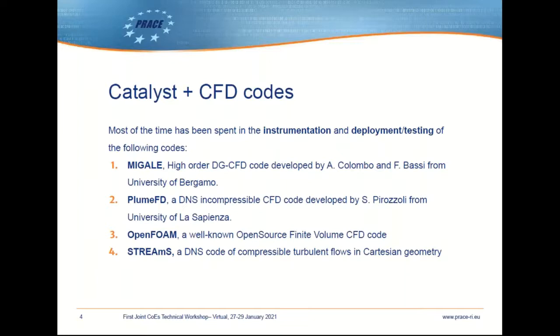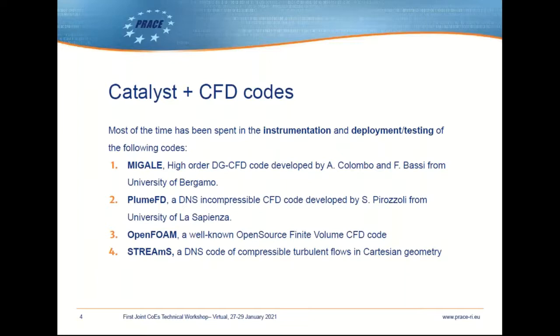Then we adapted the PlumeFD code, which is a DNS incompressible code developed by Pirozzoli from University of La Sapienza. Third is OpenFOAM, which is a well-known open source finite volume CFD code used particularly in engineering simulations, so its target is mainly industrial simulations.